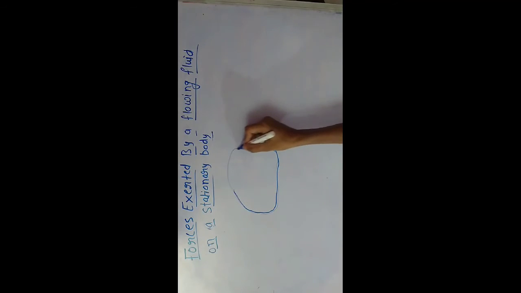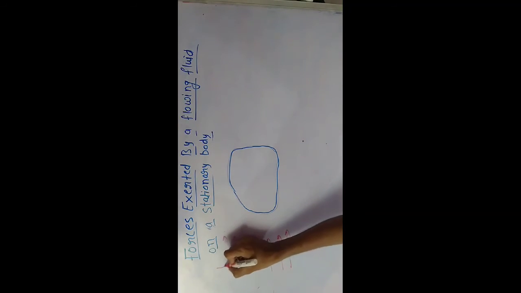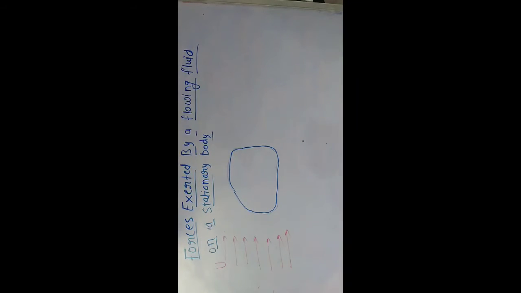This is your body, any shape, arbitrary shape here, and a real fluid is flowing over this body. This is the real fluid which is flowing with uniform velocity capital U in a horizontal direction.